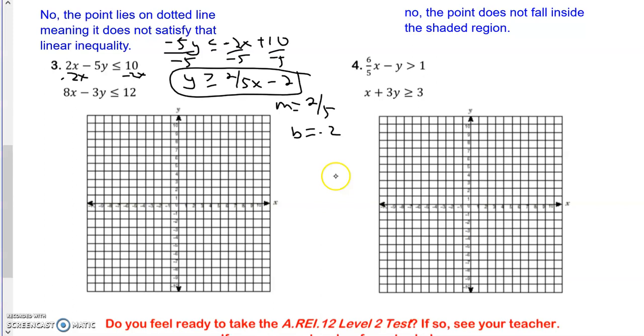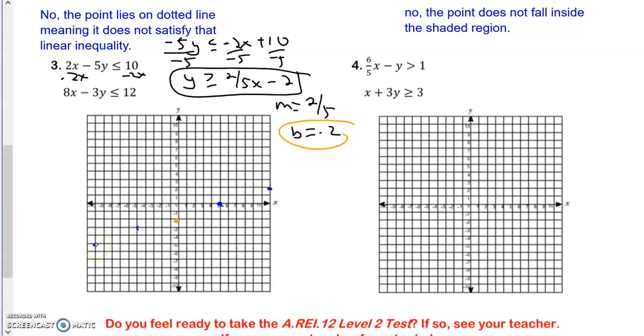So I'm going to start always on my y at negative 2, and this time I'm going to go up 2 and over 5, and then I'm going to go up 2 and over 5, and then I'm going to go down 2 and over 5, and then I'm going to go down 2 and over 5.